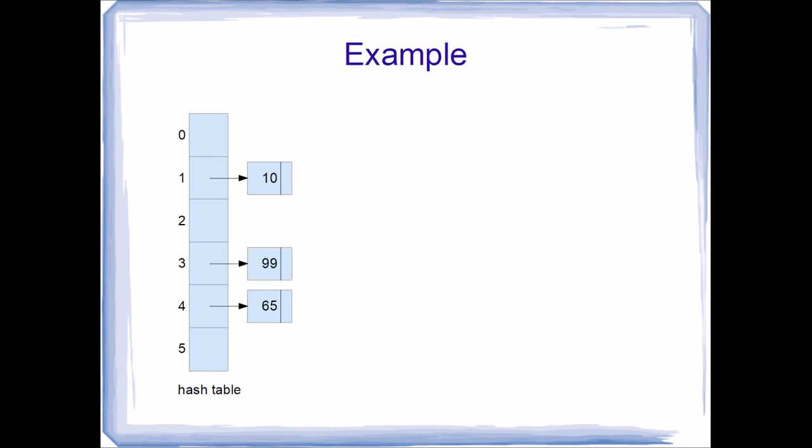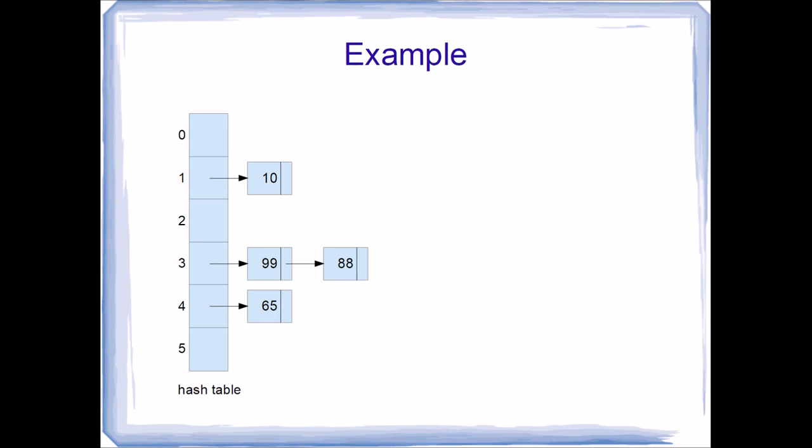Now let us assume that we have another key, 88. And let us assume that our hash function indicates that we should place 88 in element 3. Well, now we have a collision. With chaining, the method of collision resolution is to simply append that key to the linked list in the element indicated by the hash function.